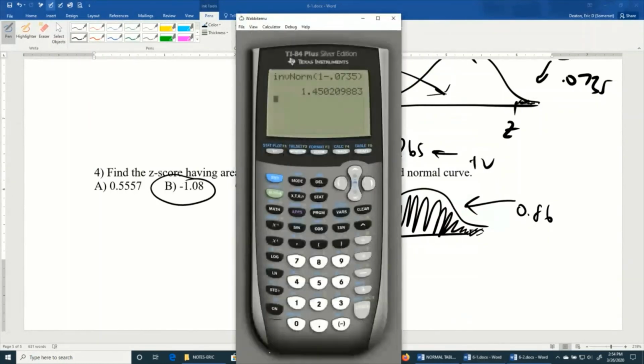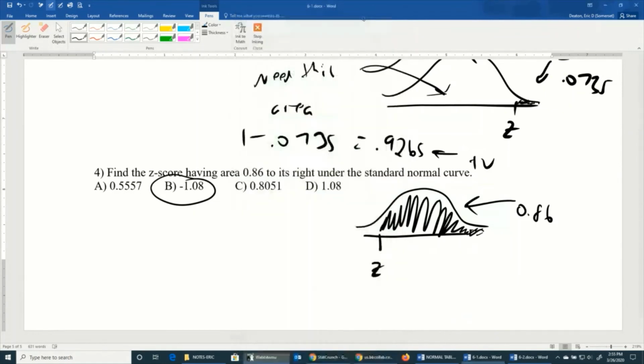You can also use your graphing calculator if you want to. Do it the same way we just did that one. Second vars, 3, 1 minus 0.86. Negative 1.08. If you do it by hand, 1 minus 0.86 is 0.14.